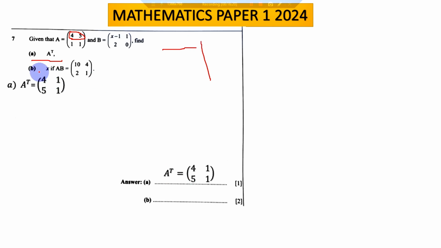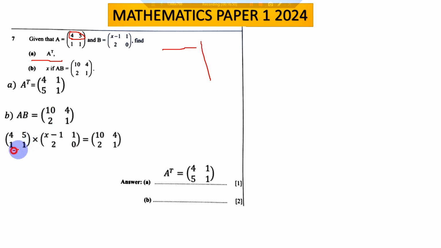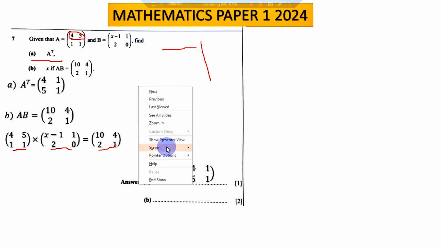Then they're saying question B, find x if AB is equal to 10, 4, 2, 1. Find the value of what? x if AB is equal to this. So in other words, they're asking us to multiply matrix A and B and then equate it to this matrix that has been given here, the 10, 4, 2, and the 1, for us to solve the value for x. So rewriting it down, it will be like this. This is the matrix A, this is the matrix B, and this was the given matrix on the equal sign.